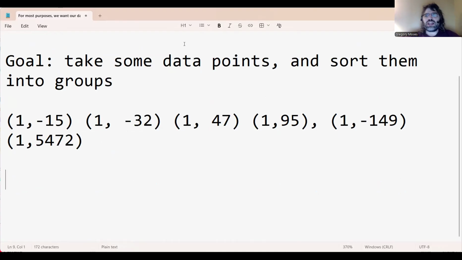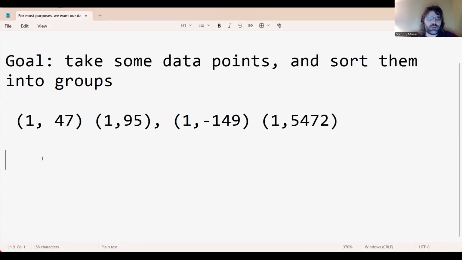Well, I'm not saying there's only one way we could do this, but if I gave this data to someone and said, I want you to put this into 2 groups, I think most people would probably end up with this, right?